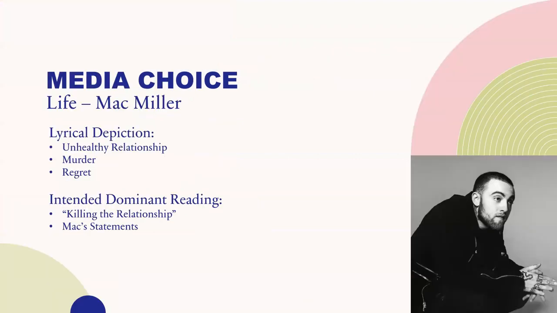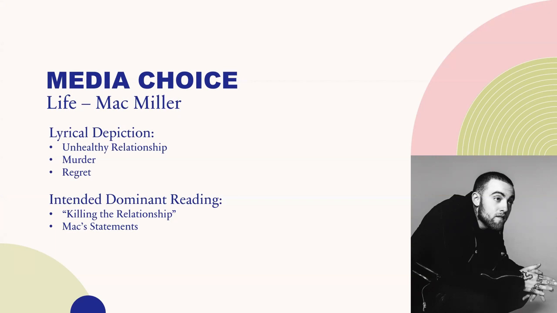My media choice for this assignment was a song called Life by Mac Miller. The lyrical depiction of this song paints a picture of a perpetrator who killed their partner, and then suffers regret and remorse for doing so.